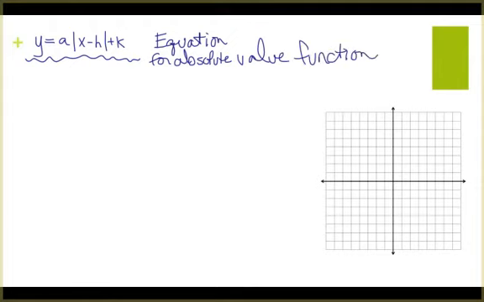So we've got to learn how to read this. So I'm going to do an example. I think that's the easiest way. If I do the example first, then we'll talk about what to do. So I would watch first and then write. So I'm going to do y equals absolute value of x plus 4, minus 2. Okay, so first thing I'm going to do is write down what a is.